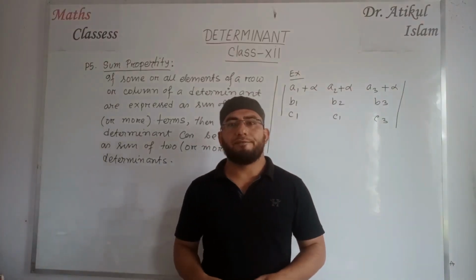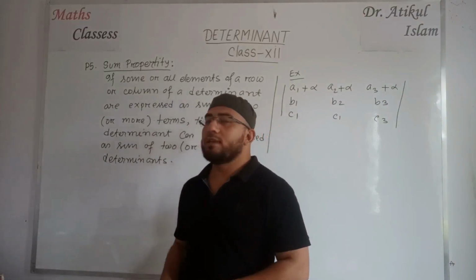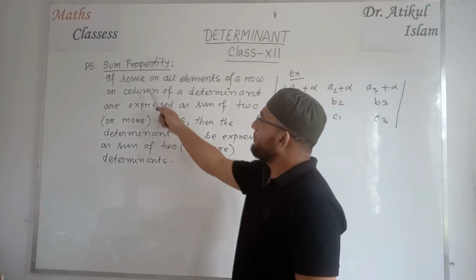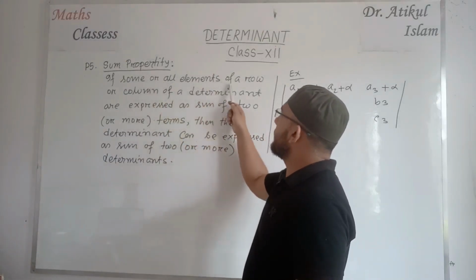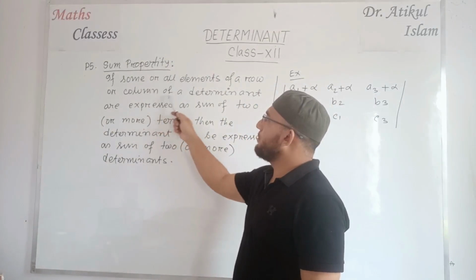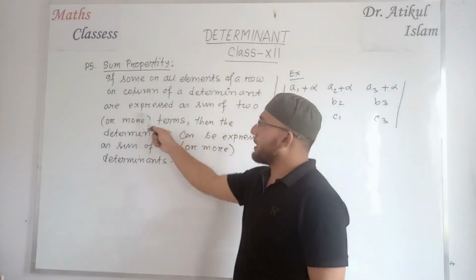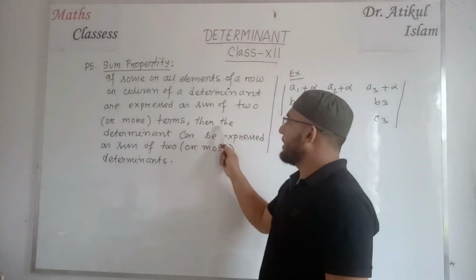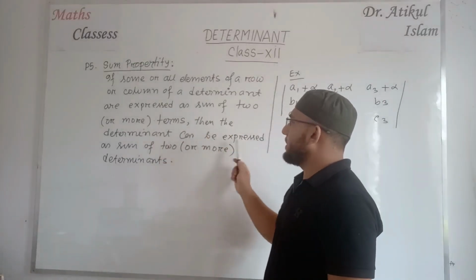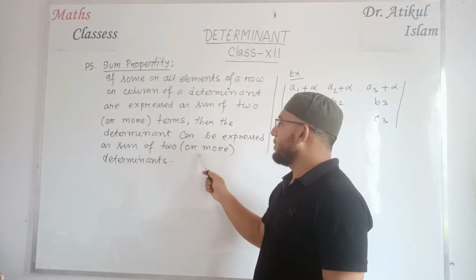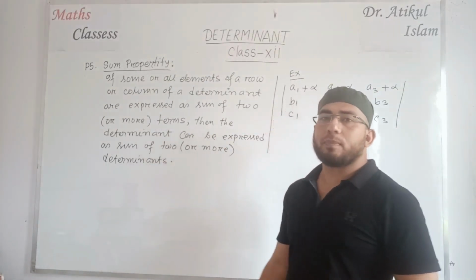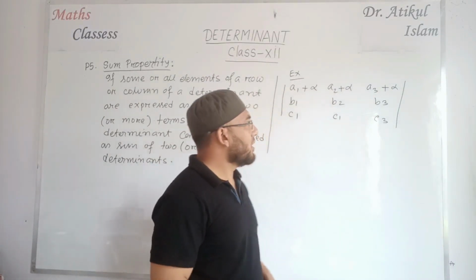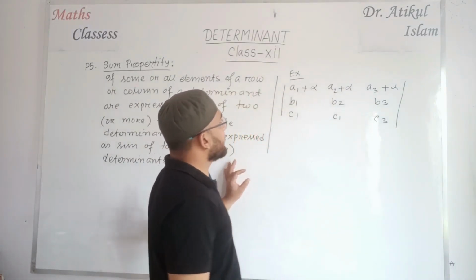Now the property 5 is known as the sum property. The property is as follows: if all elements of a row or column of a determinant are expressed as a sum of two or more terms, then the determinant can be expressed as a sum of two or more determinants. So it is better to take one example to understand this property.